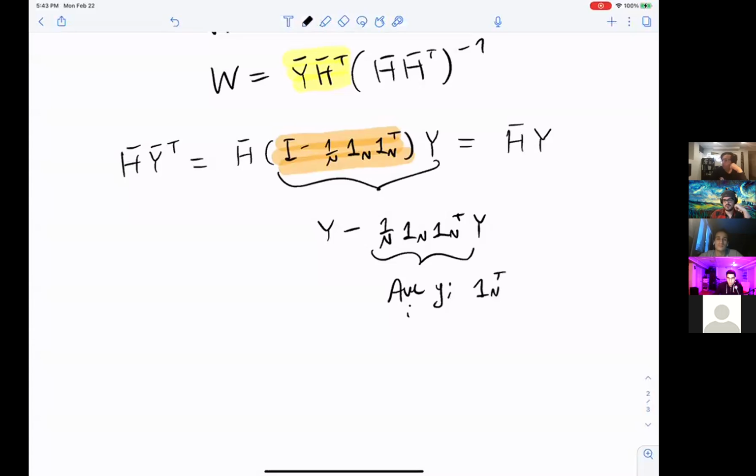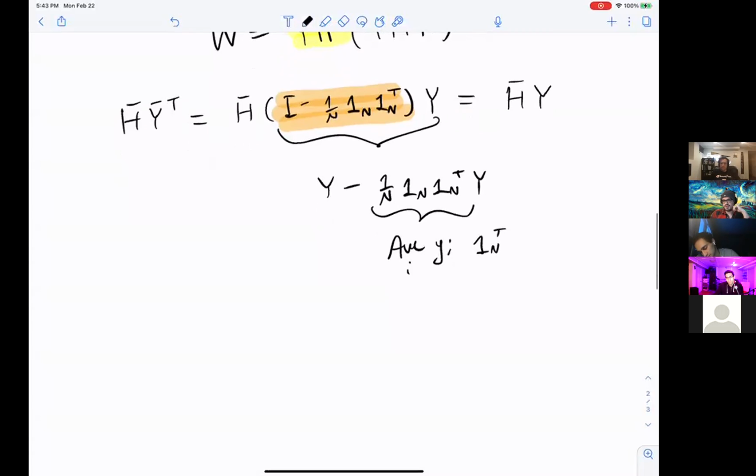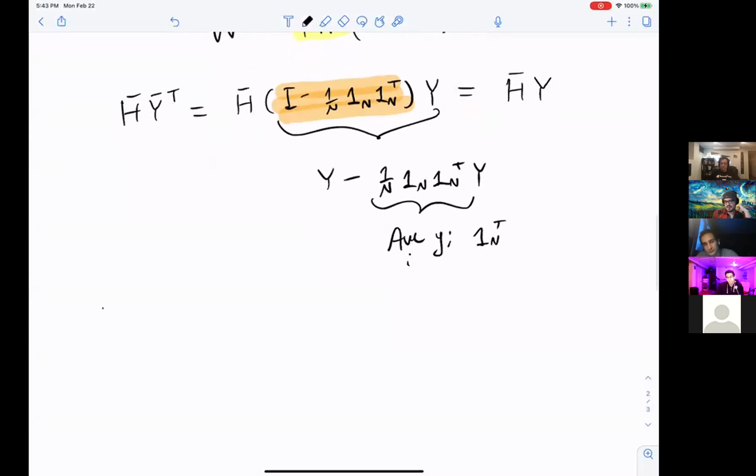It is. So basically, if you apply the centering operator, as you've called it, to the matrix h bar, it doesn't do anything because h bar is already centered, right? And so what we're going to do now is look at what is h bar y.